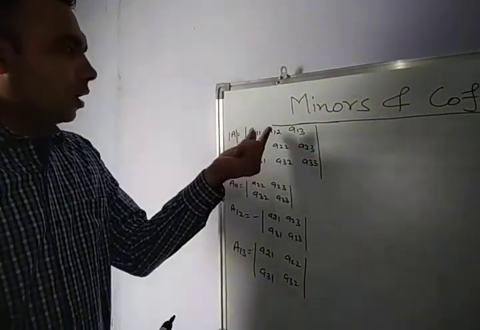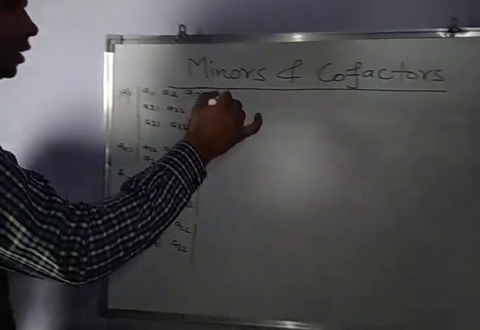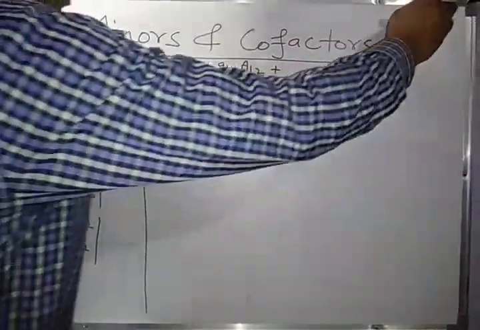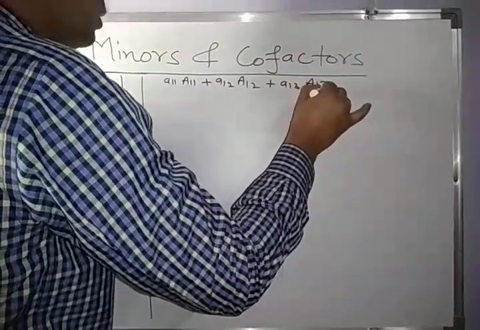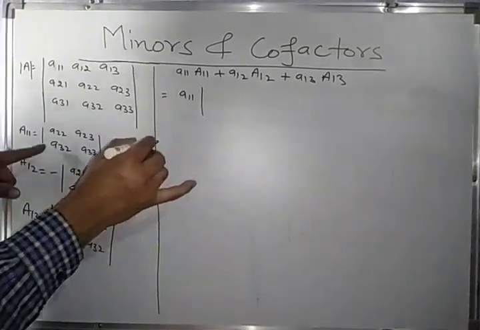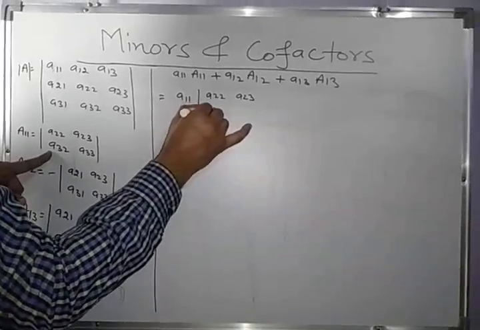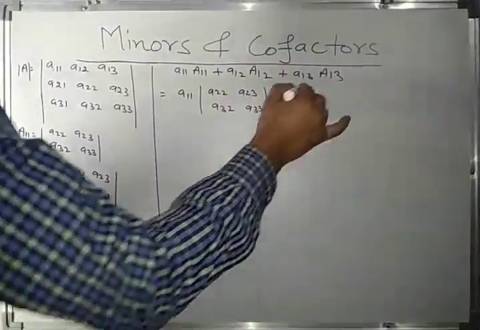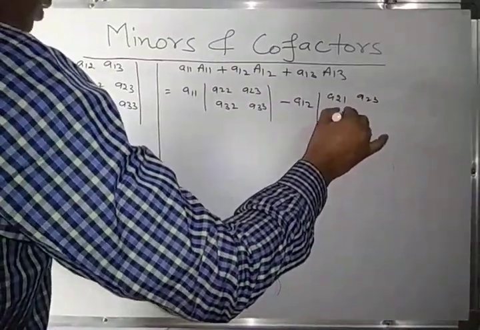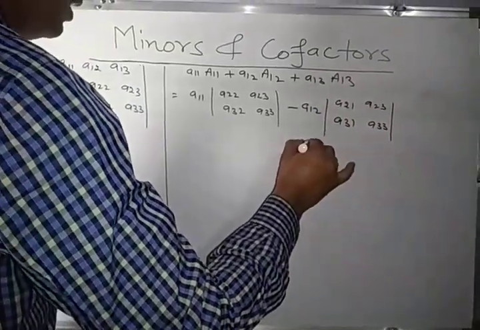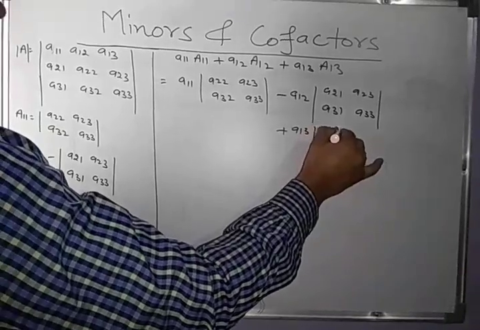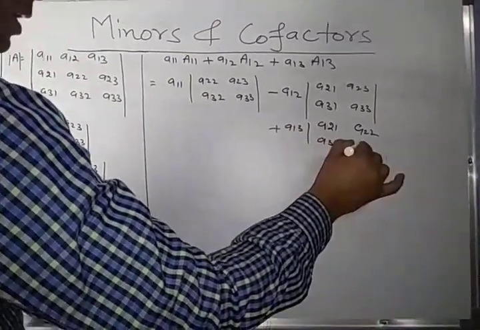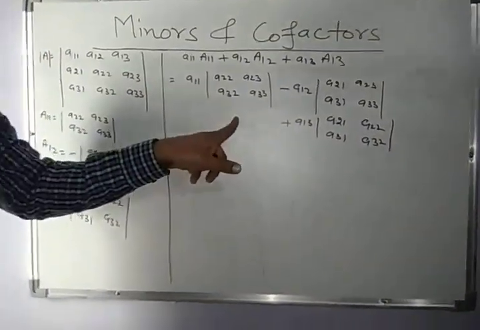Now if we multiply the corresponding elements of this row with the cofactors, A11 with its cofactor plus A12 with its cofactor plus A13 with its cofactor, we get A11 multiplied with the determinant A22, A23, A32, A33, minus A12 multiplied with the determinant A21, A23, A31, A33, plus A13 multiplied with the determinant A21, A22, A31 and A32. And what is this?